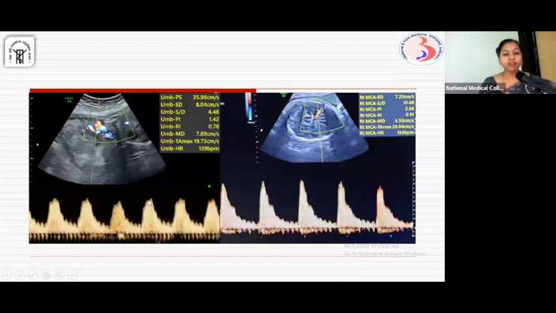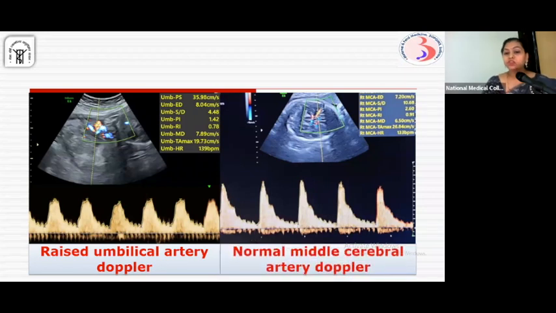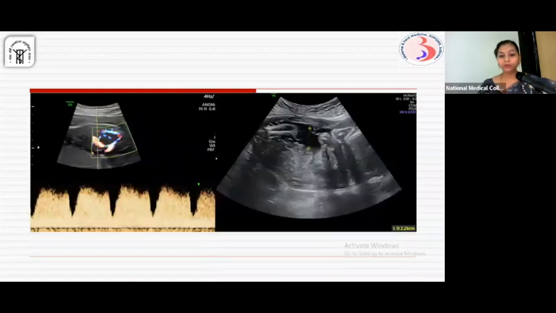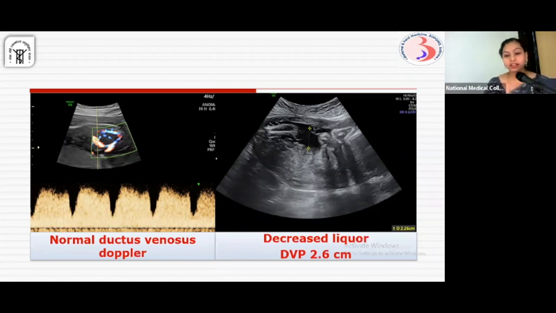We went ahead for umbilical Doppler, which was suggestive of raised umbilical artery PI with normal middle cerebral artery Doppler. Further, we did ductus venosus flow, and it was suggestive of normal studies. We also noted ongoing worsening, that is decreasing liquor was seen.